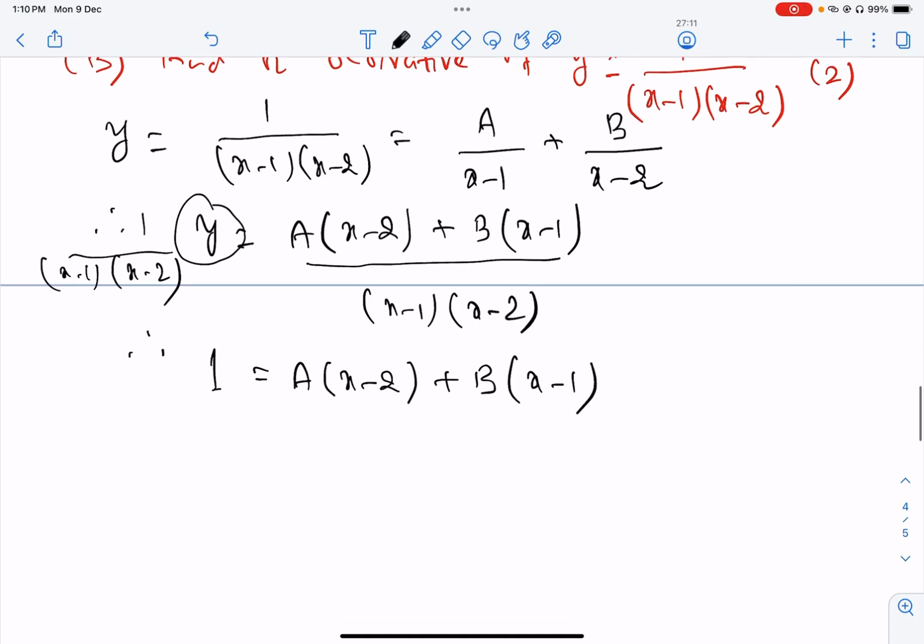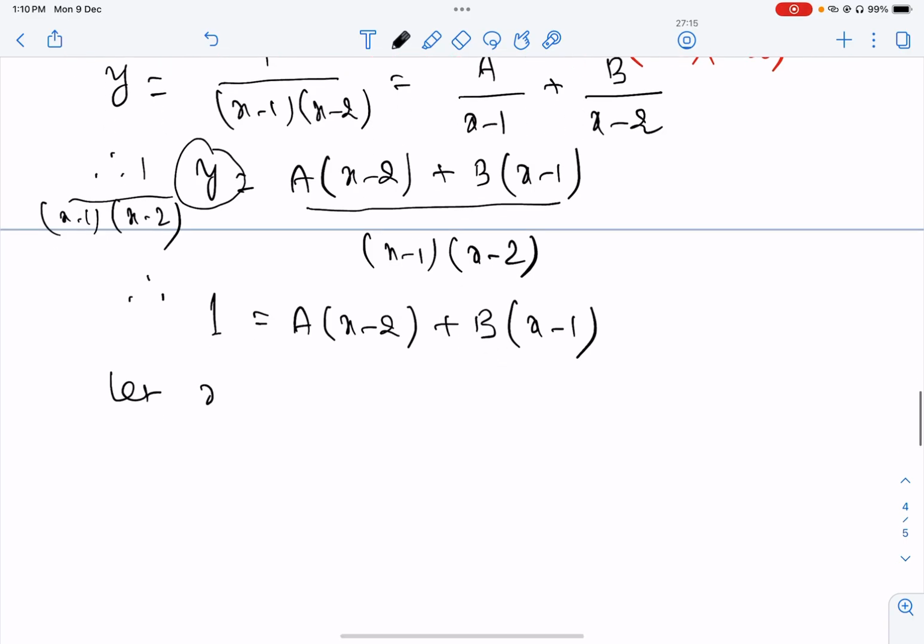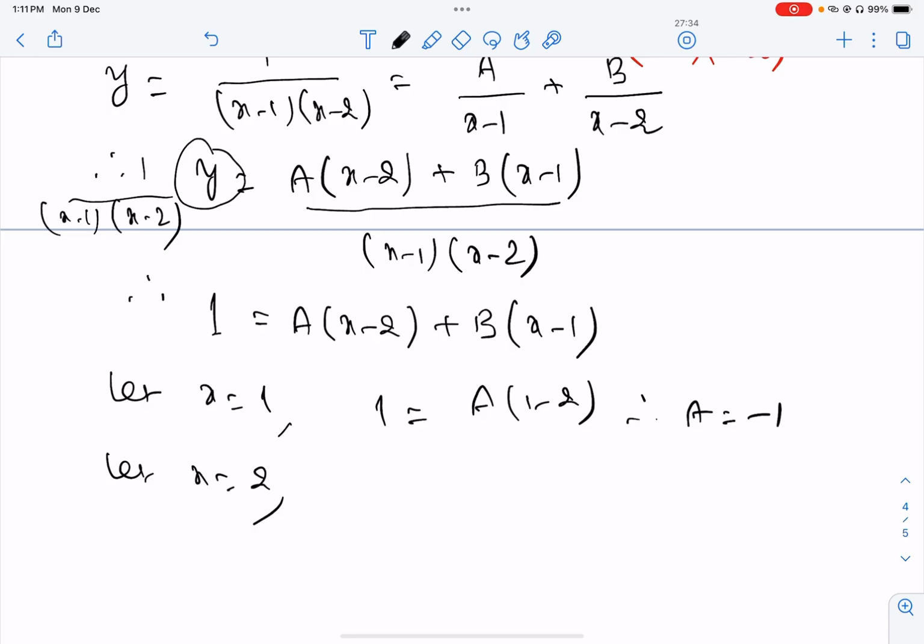And now we find the value of a and b. So let x is equal to say 1. Then left side is 1, and right side is a into 1 minus 2, and therefore a equal to minus 1. We take x is equal to 2.